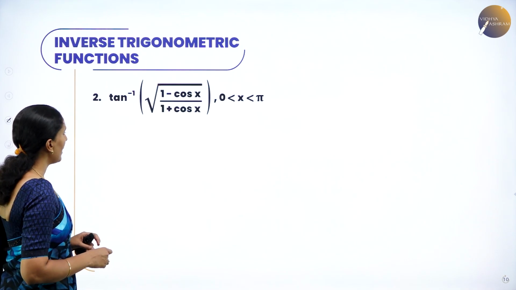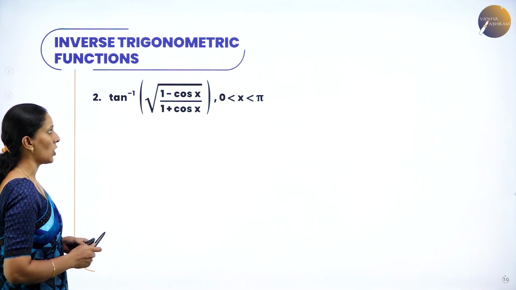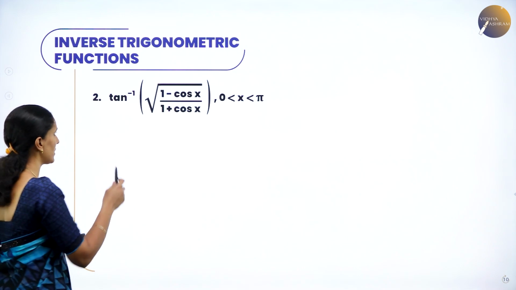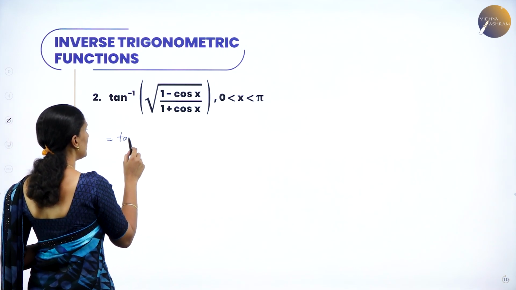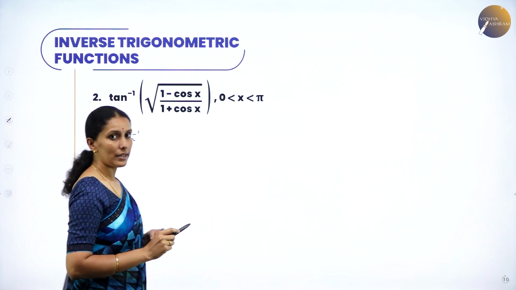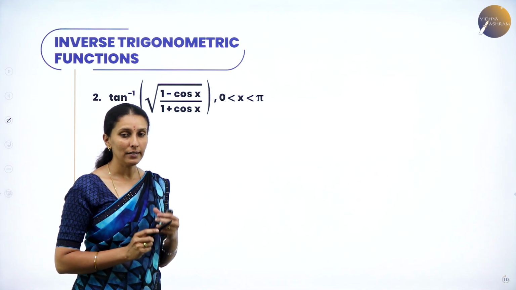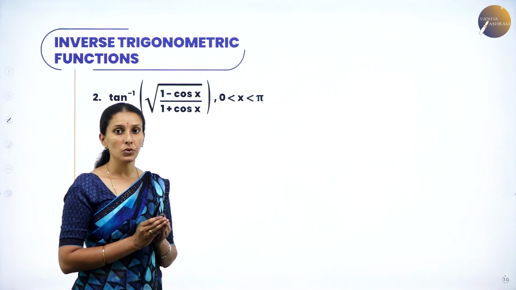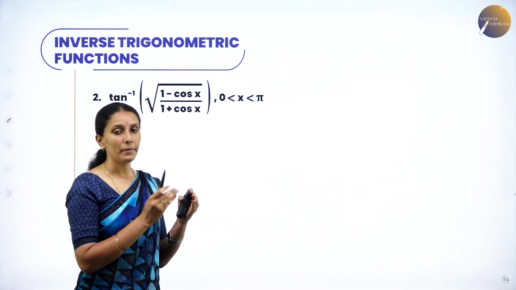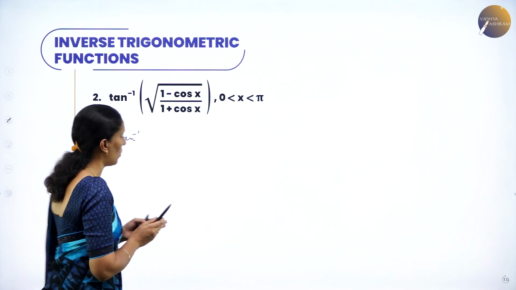Next one, tan inverse of root 1 minus cos x divided by 1 plus cos x. So from the multiple angle formula, that is 1 minus cos 2 theta is 2 sin square theta and 1 plus cos 2 theta is 2 cos square theta, and this can be reduced to half angle also.